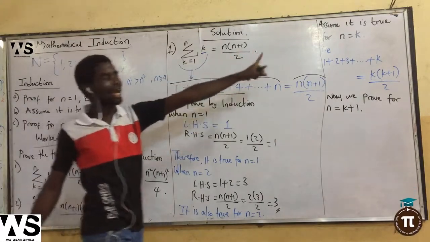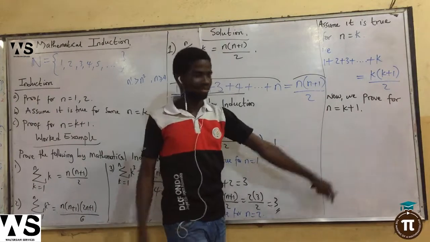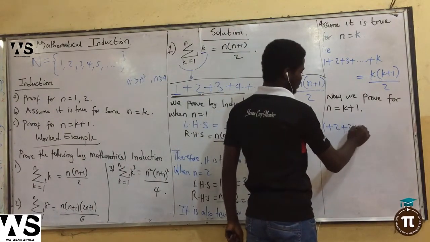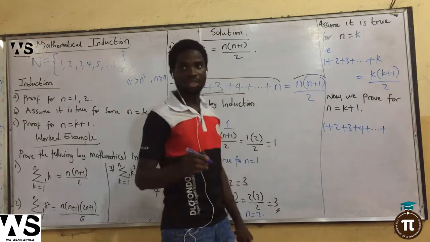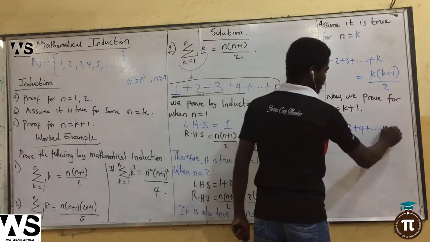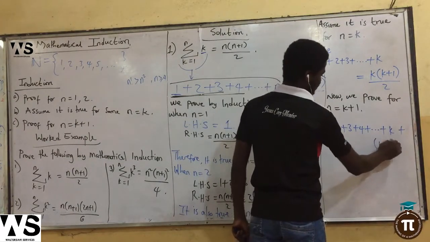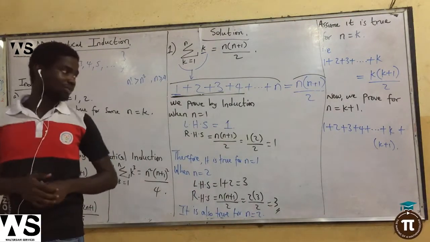When n equal k, I will add till what? When n equal k plus 1, I will do what? 1 plus 2 plus 3 plus 4, and it goes on like that, plus k, right? Plus k plus 1. Do you see that?